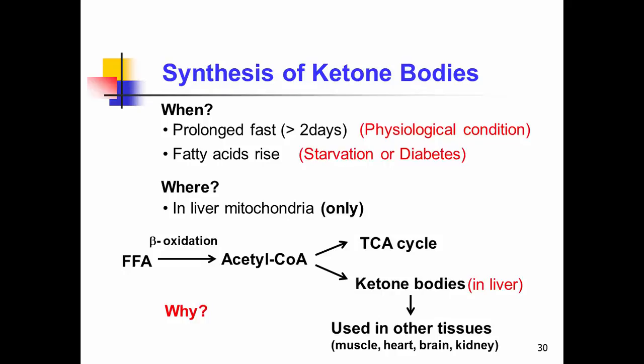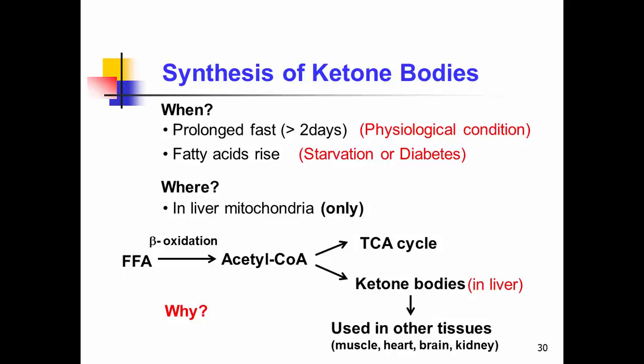So fatty acid oxidation will produce a large amount of acetyl-CoA. Also, under the fasting conditions, because our body wants to spare glucose, the glucose in most of the tissues does not completely oxidize, and usually just goes through the partial glycolytic pathway and stops at the pyruvate or lactate, right?